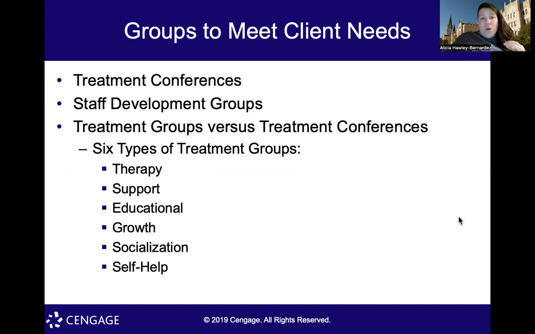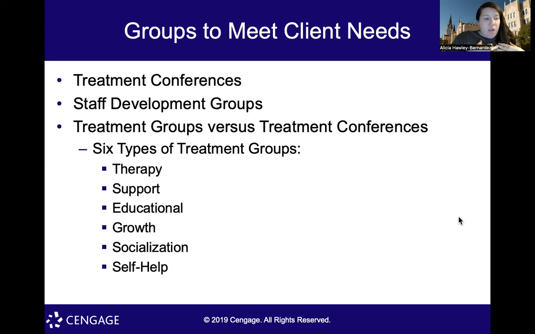Treatment groups in particular, I really like how the book breaks it up into 6 different types of treatment groups. You have a therapy group, a support group, educational groups, growth groups, socialization groups, and self-help groups.